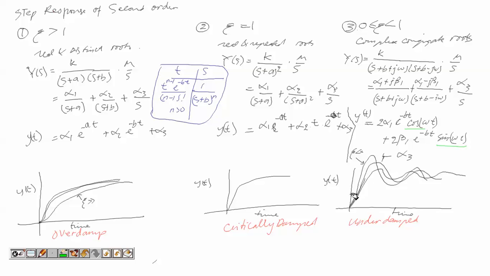So any process that produces y(t) with cos or sin means that the roots are complex conjugates, and it will produce an oscillating response. So all processes that have complex conjugate roots will produce an oscillating response.